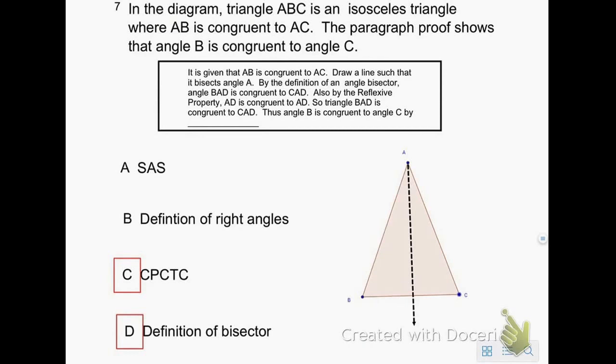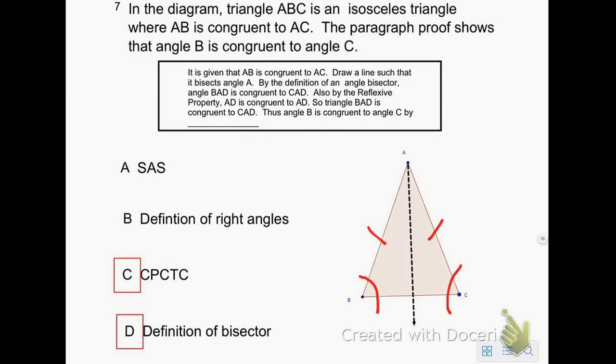Number 7. In the diagram, triangle ABC is an isosceles triangle where AB is congruent to AC. I could mark that. The paragraph proof shows that angle B is congruent to angle C. The paragraph proof shows it is given that AB is congruent to AC. Draw a line such that it bisects angle A, which I notice happens here.